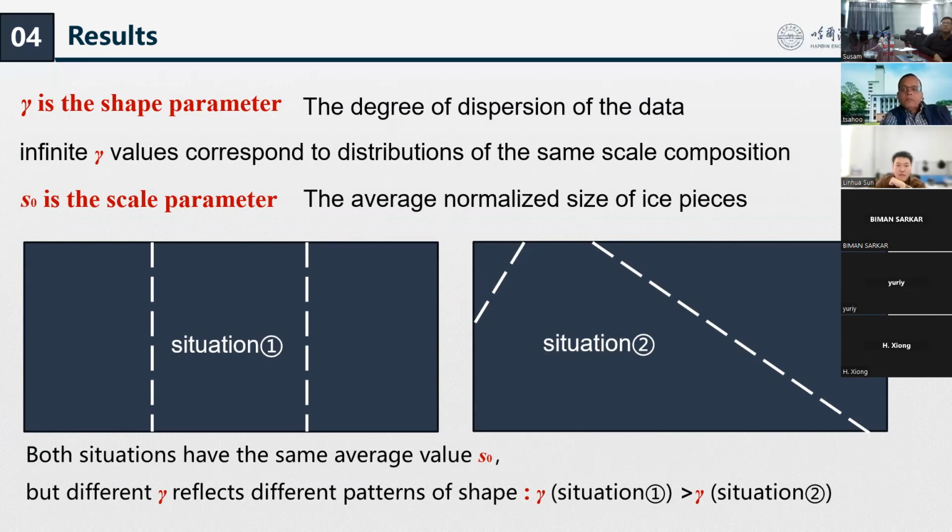It means the average normalized size of ice pieces. In situation 1 and situation 2, these two situations have the same S0, but the shape parameter can reflect the different patterns of shape.